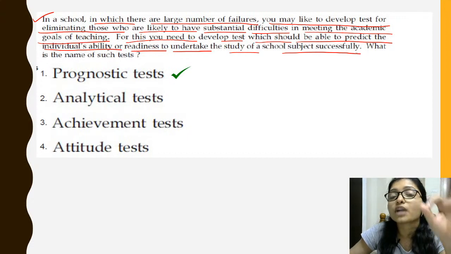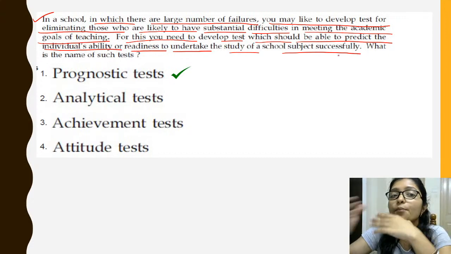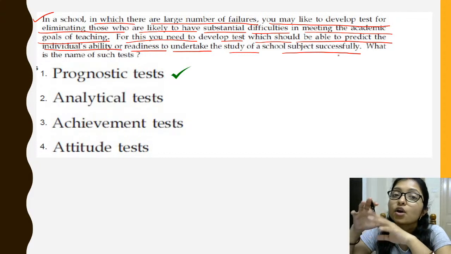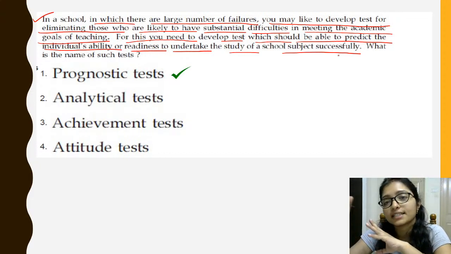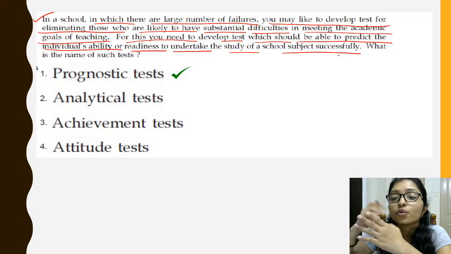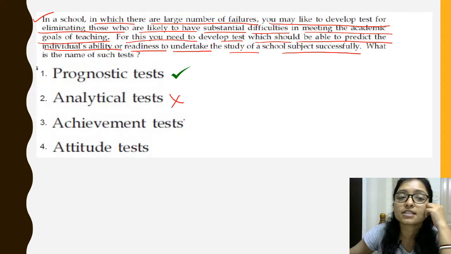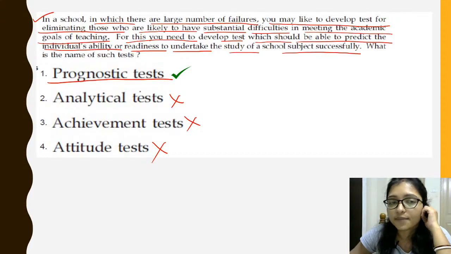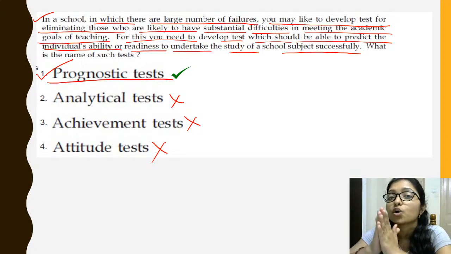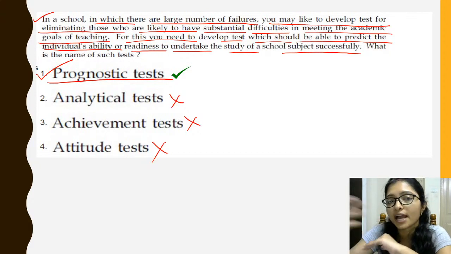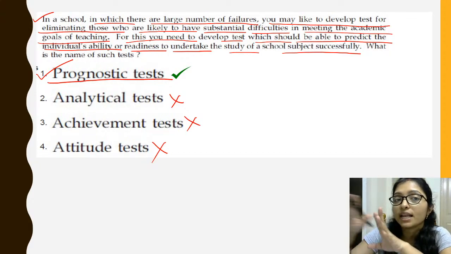Right. So what are we doing? We are doing the prognostic test, means who will get through and who will not. This is not an analytical test, not an achievement test, not an attitude test, this is a prognostic test. Got it? The answer is prognostic test, because we are finding who is able to meet the academic goal and who is not, and trying to eliminate those.